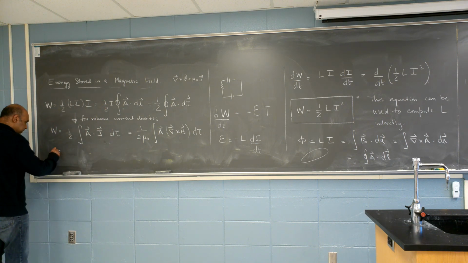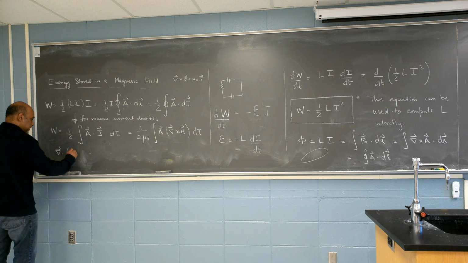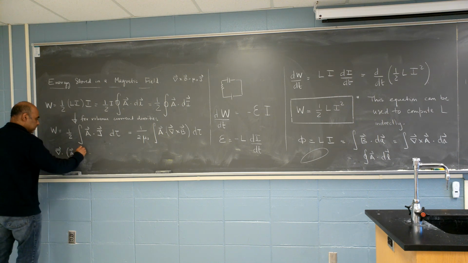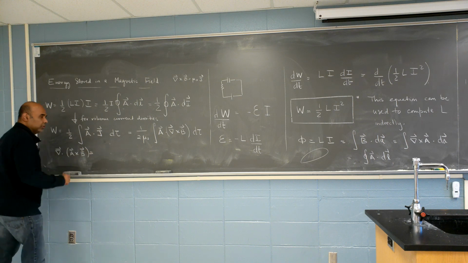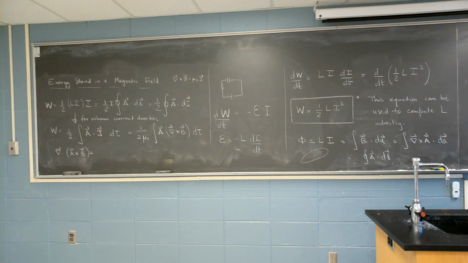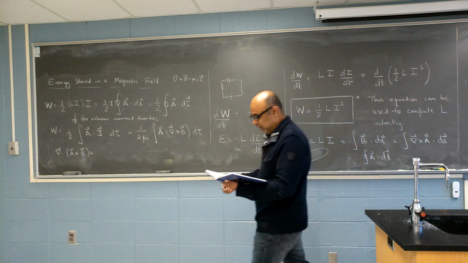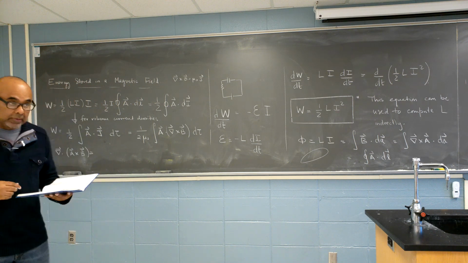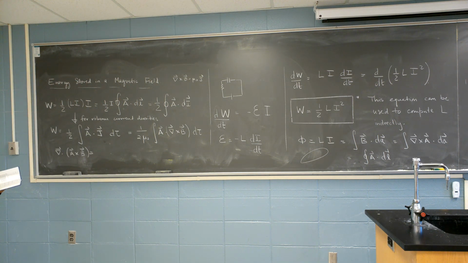So the divergence of A cross B. Instead of looking at the inside cover, I'm just going to write it down from Griffiths. Otherwise I'll have to go somewhere over here.